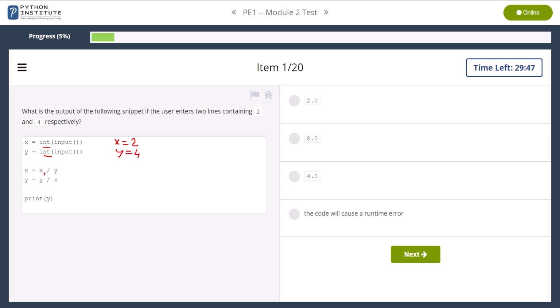So x equals x divided by y, which will change the value of x to 0.5, 2 divided by 4, okay? And then y equals y divided by x, 4 divided by 0.5, which will produce 8.0. It has to be a float because this is the float division, and the right answer should be 8.0.